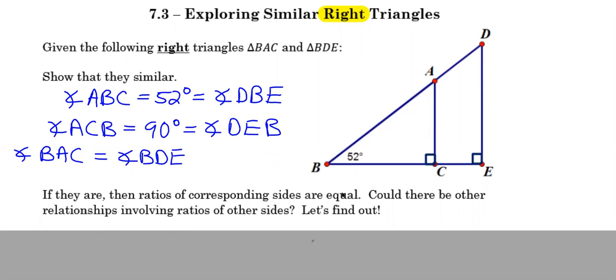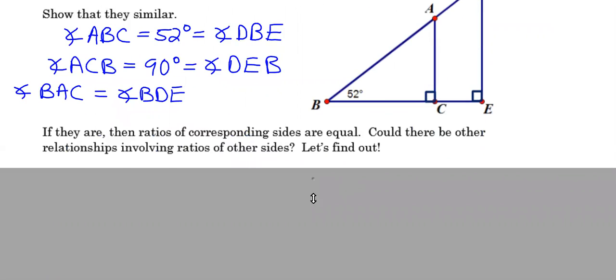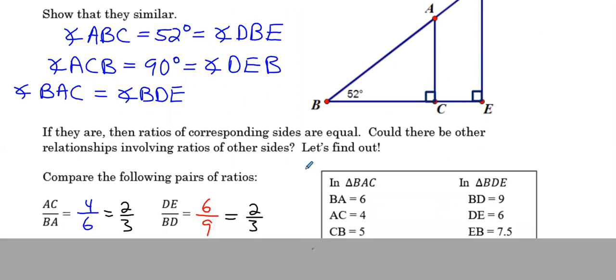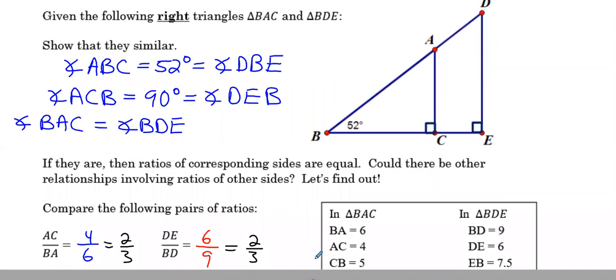All right. So when you have similar triangles, there's relationships that exist that you can take a look at. We're given some information about the lengths of certain sides in triangle BAC and triangle BDE. So when you create ratios in these triangles, we're relating AC and BA. In a right angle triangle here, this BA is actually the special side.